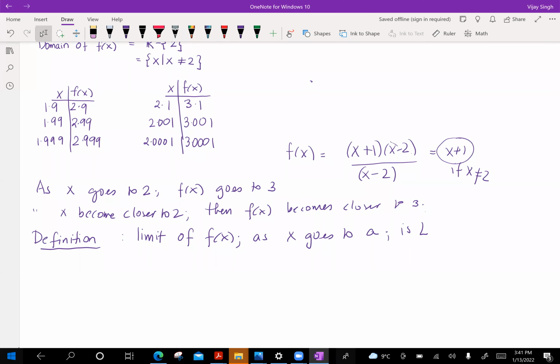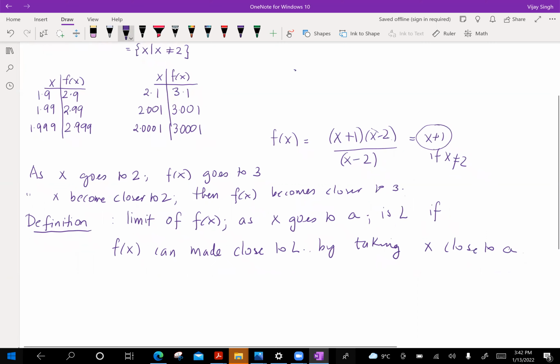Instead of 2, I'm going to say A. Instead of 3, I'm going to say L. Okay. So limit of f of x as x goes to A is L if f of x can be made close to L by taking x close to A. Okay. This is what it means by limit.